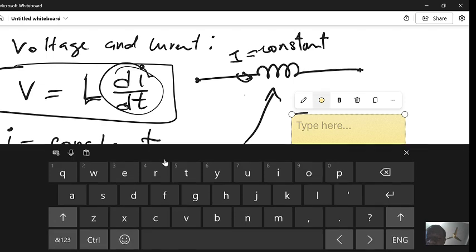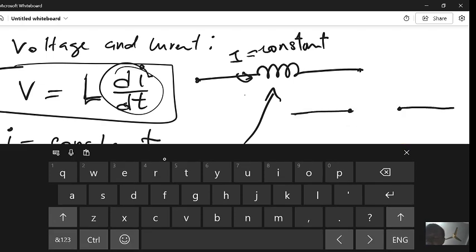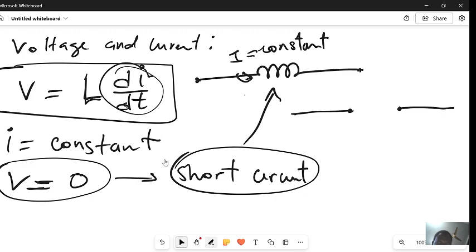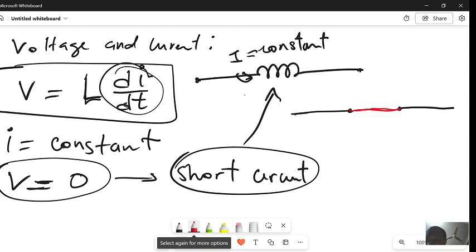So it's going to be like this, here it is shorted, because the current through this one is a constant I. So in DC, why DC?